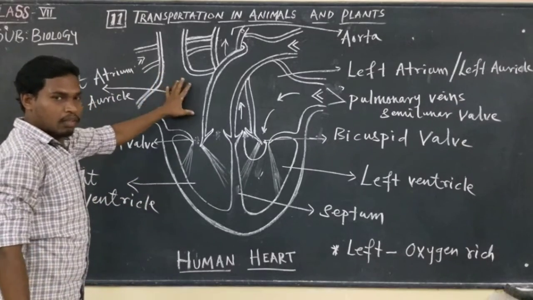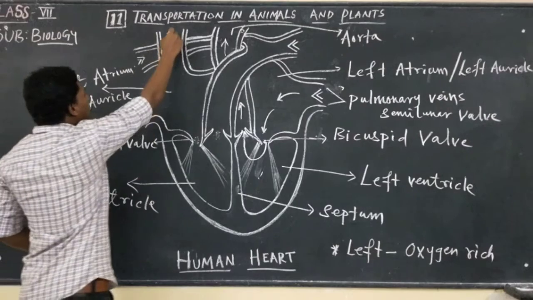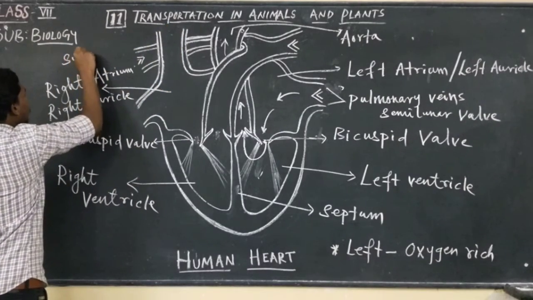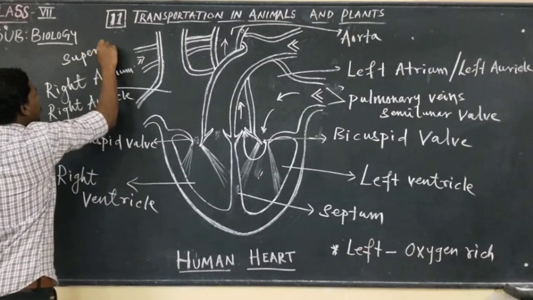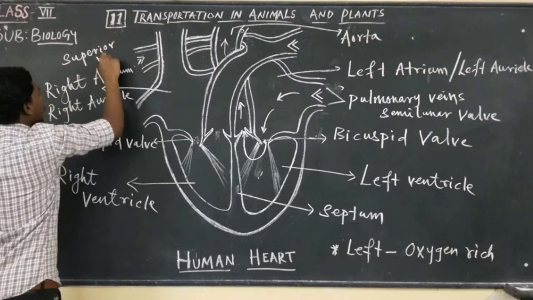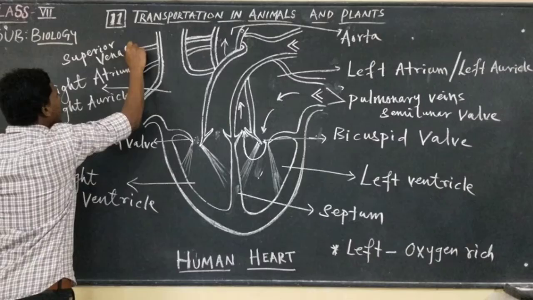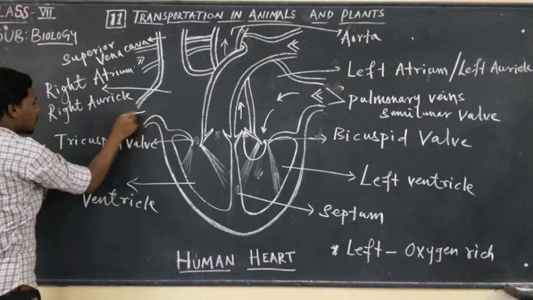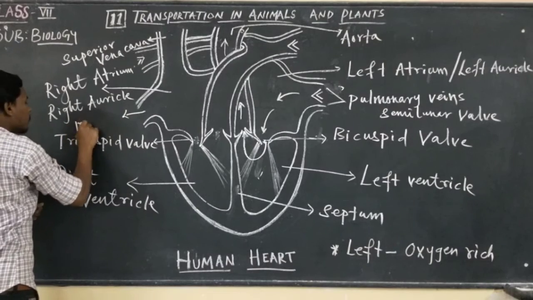They are brought into the right atrium by the superior vena cava. This is known as the superior vena cava, and this is the inferior vena cava.